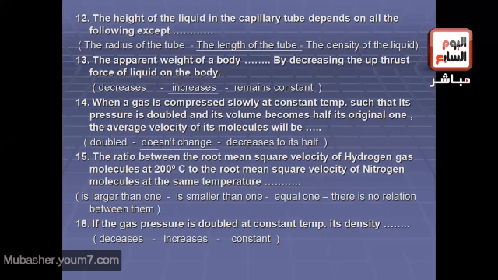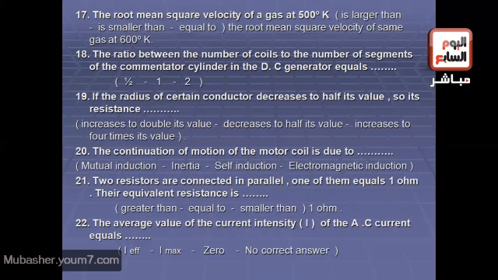That's right. Another sentence. The root mean square velocity of a gas at 500 degrees Kelvin is larger than, smaller than, or equal to the root mean square velocity of the same gas at 600 degrees Kelvin. We know that there is a direct relation between the root mean square velocity and the temperature on the Kelvin scale.